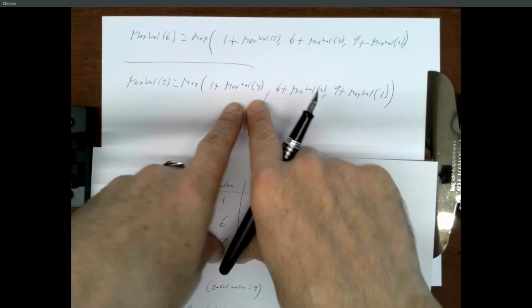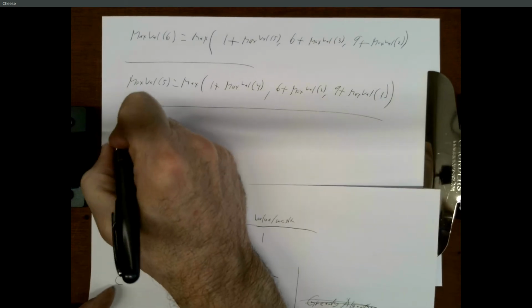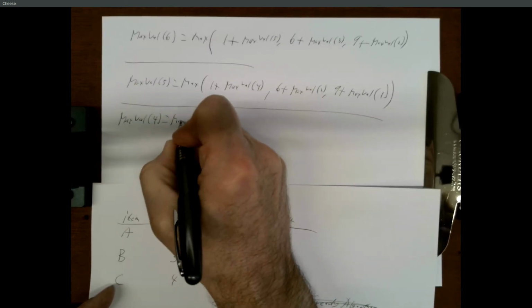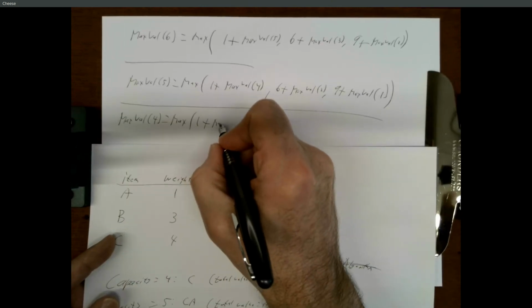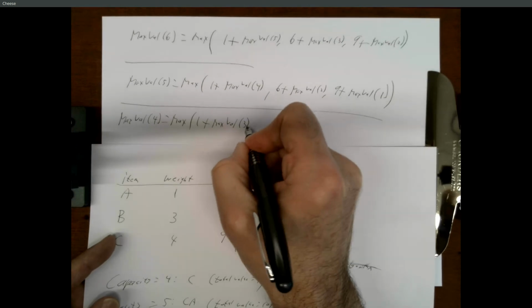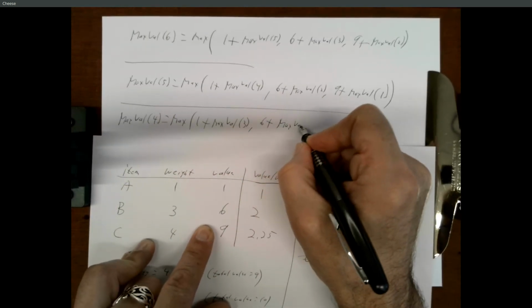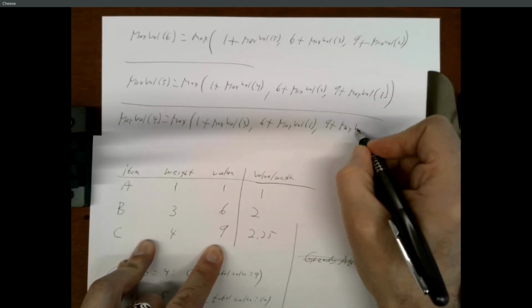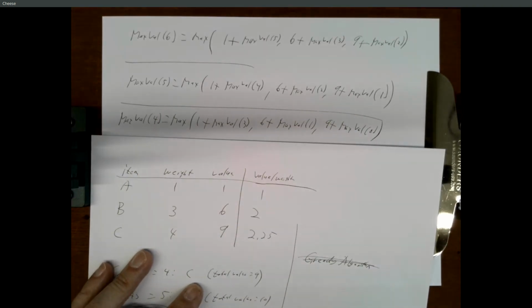We need to find max val 4, 2, and 1. So max val of 4, well, it could be 1 plus max val of 3. Or it could be 6 plus max val 1. Or it could be 9 plus max val of 0. Everybody see what we're doing here?